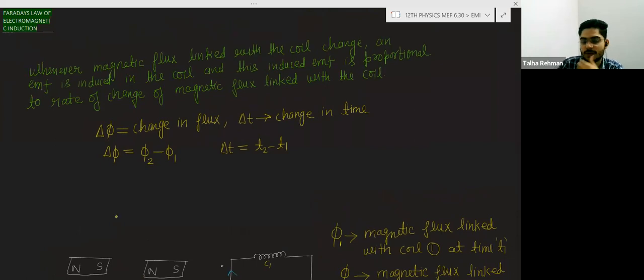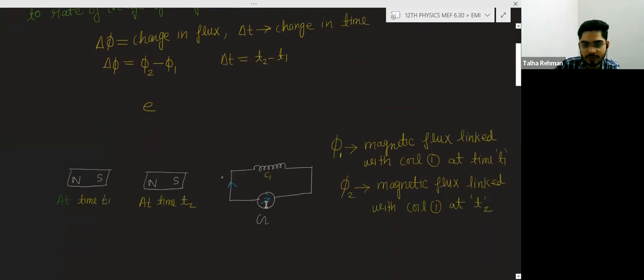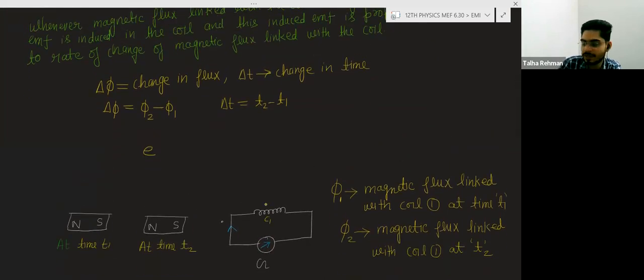Basically, Faraday says that the EMF induced in this coil, due to the change in magnetic flux, is directly proportional to delta phi by delta t. What is the meaning of delta phi by delta t? Change in flux with respect to change in time, change in flux per unit time.